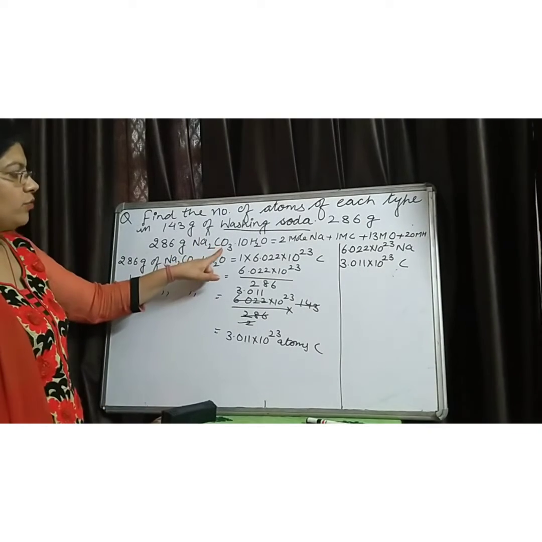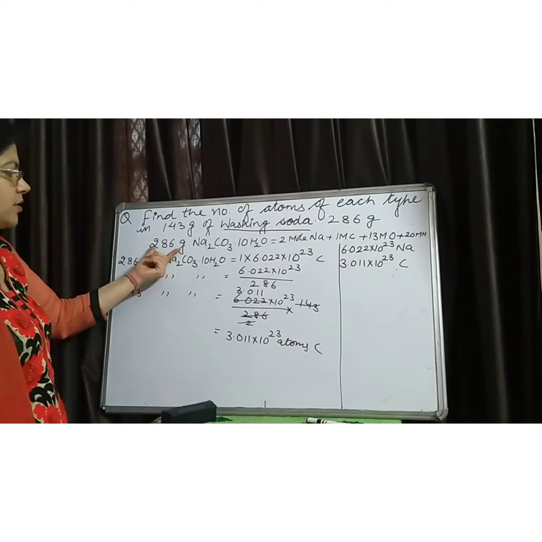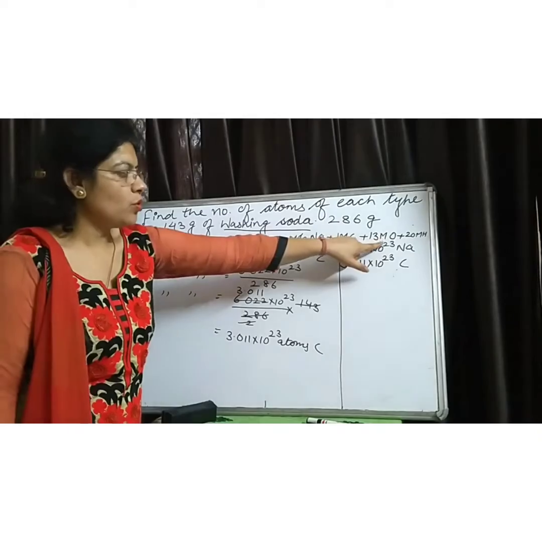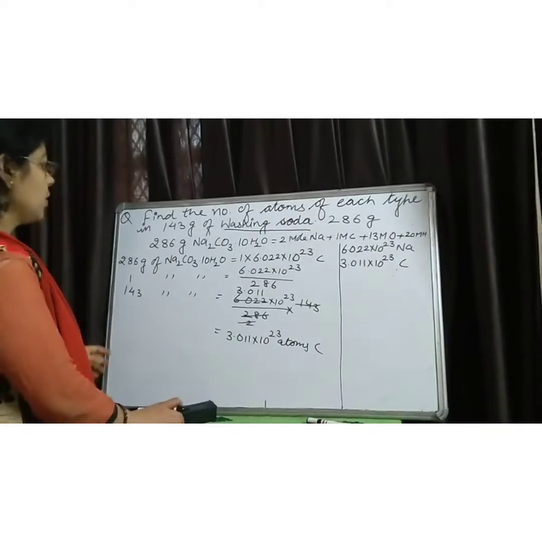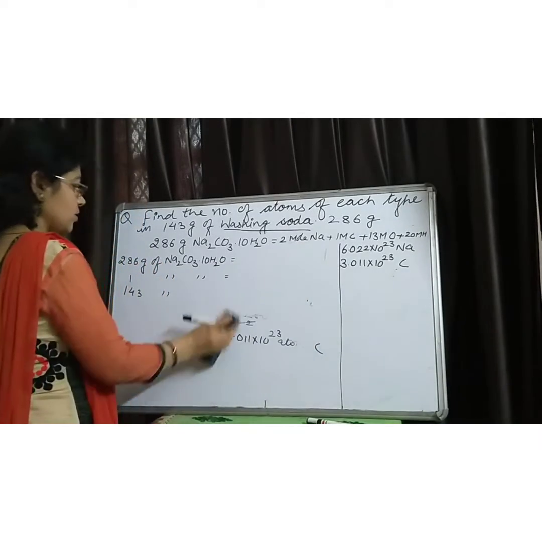Next we have to calculate the number of oxygen atoms. In 286 gram of washing soda there are 13 moles of oxygen atoms. So use this equation for oxygen also.